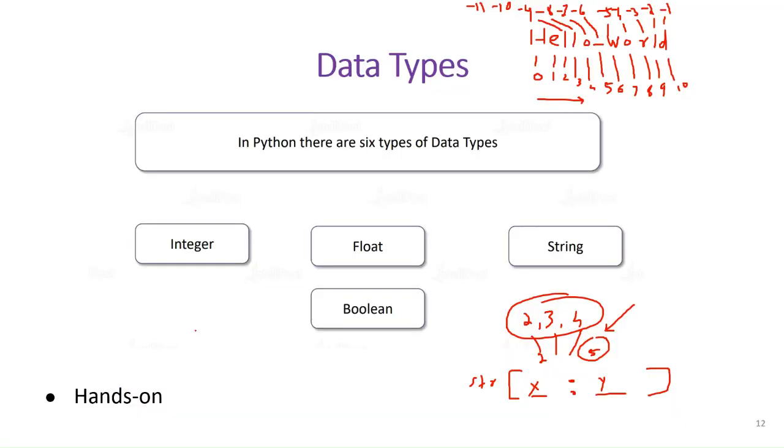See here, which is the first index? 1 means E, so E will be printed. 1 colon 6 means what values will be printed? 1 will be printed, 2 will be printed, 3, 4, up to 5. It will not include 6. 6 will not get printed.